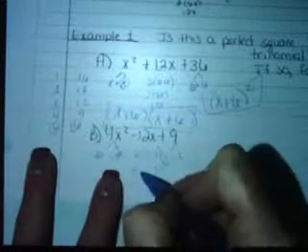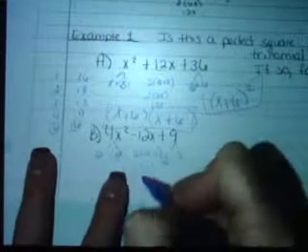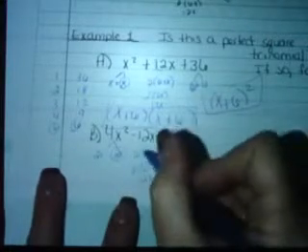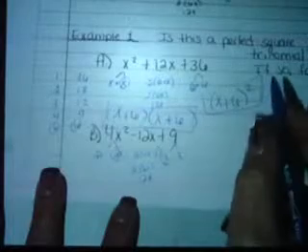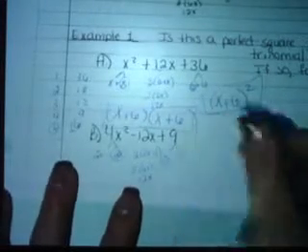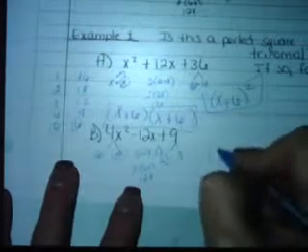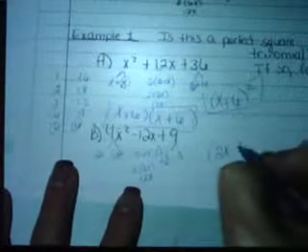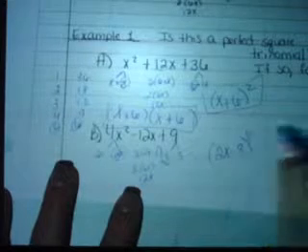So I'm going to have 2 times 6x, which gives me 12x, but we need this to be negative. Therefore, I have to make my sign in the middle negative. So I'm going to have 2x minus 3 squared.